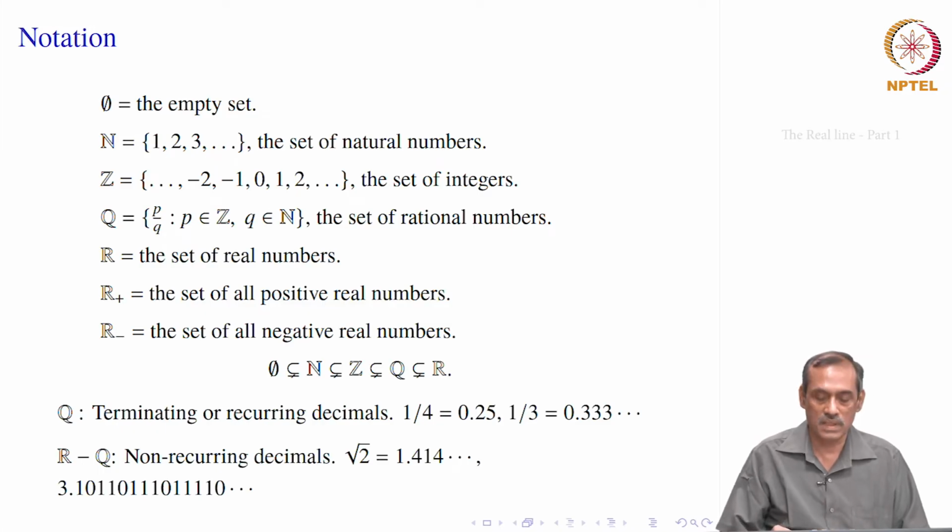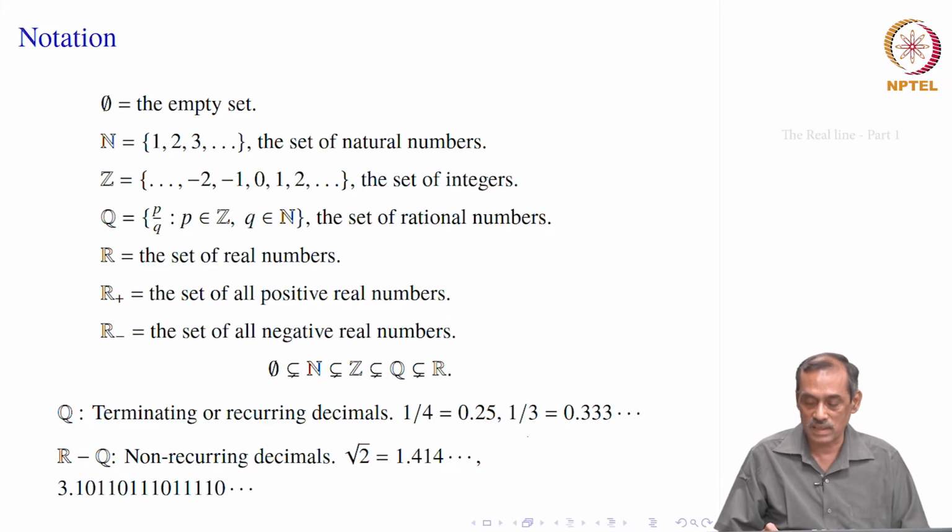And now the decimal representations. We know that this Q, the set of rational numbers, consists of all terminating or recurring decimals. So, that means, for example, you take 1 by 4, which is 0.25, it terminates there. After that, the digit 0 is repeated, which we do not usually write.